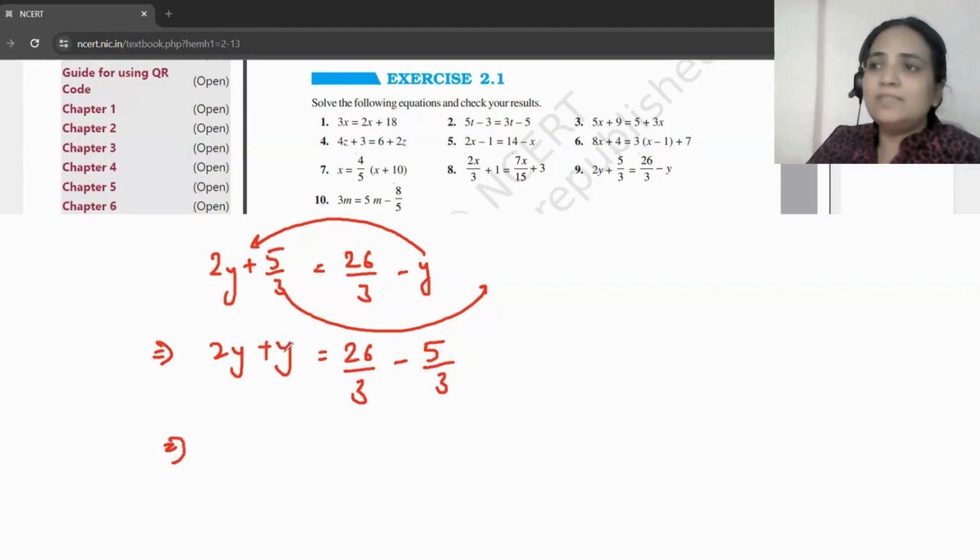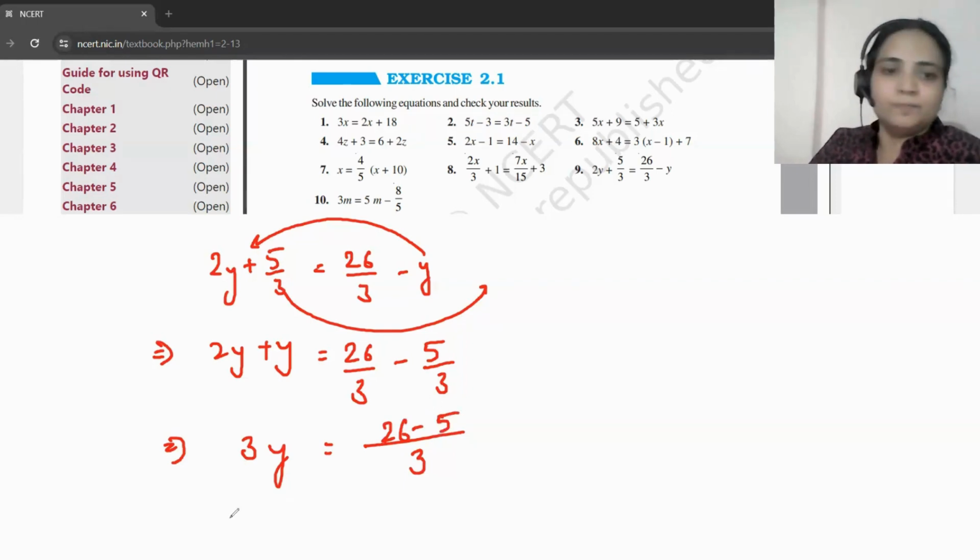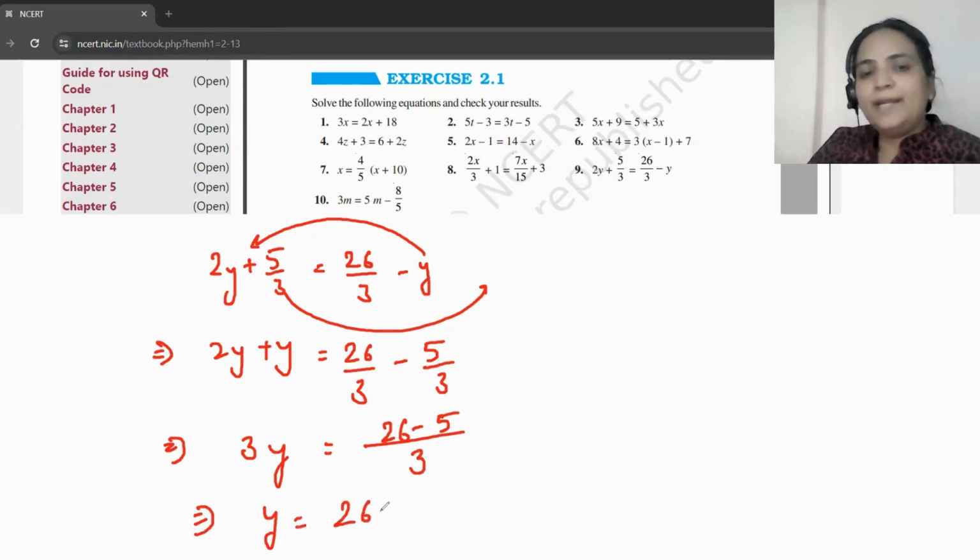Now 2y plus y is like 2 bananas plus 1 banana. It will be equal to 3 bananas. 3y equals, LCM is already there, no? 3 and 3 ka LCM is 3. So numerators you will write as such without changing anything. So y is equal to 26 minus 5. Achha, 26 minus 5 I should solve. 26 minus 5 is 21 by 3.